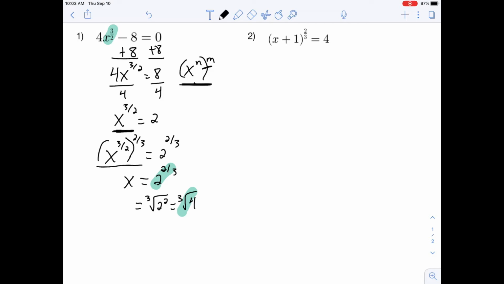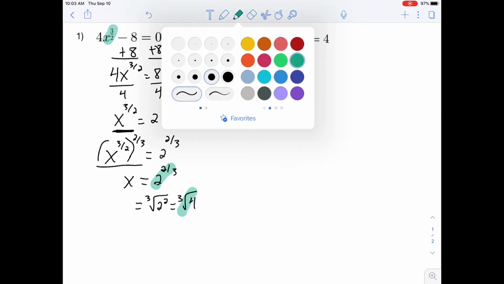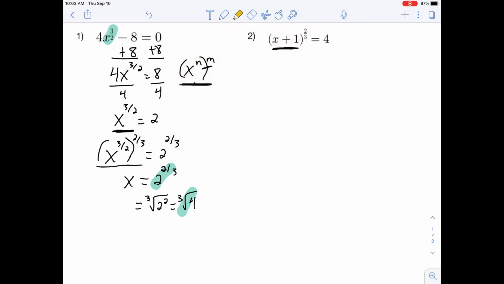All right, so let's look at number 2. This one's a little different because we have a binomial that's being raised to a rational exponent. So there's nothing we can move. We can't subtract that 1. The other thing I want you to notice is the numerator of this rational exponent. It's even.